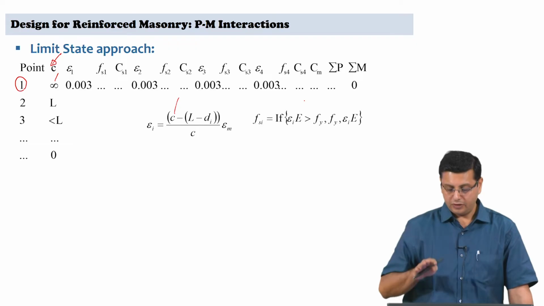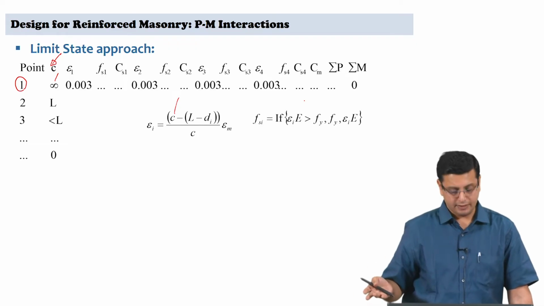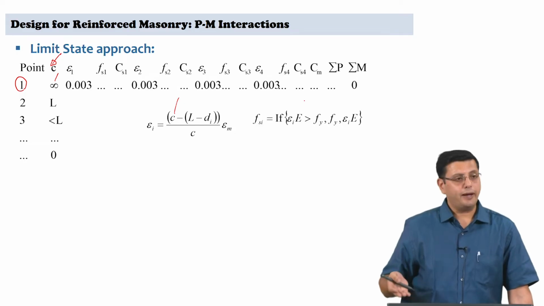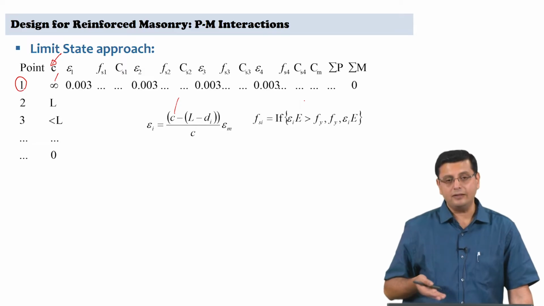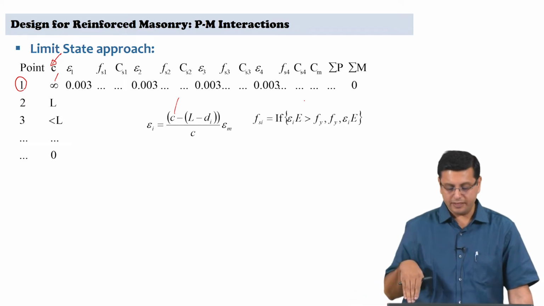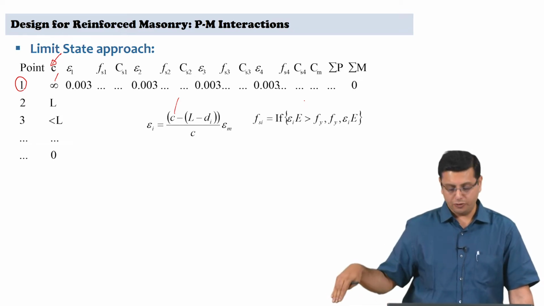So, here for E you will use directly the modulus of elasticity of the steel itself, but you limit the value of the steel stress to the yield stress, and so you will check if epsilon i into E is greater than Fy. If it is so, then Fy is the value that you limit it to. Steel has yielded and you will continue using Fy.